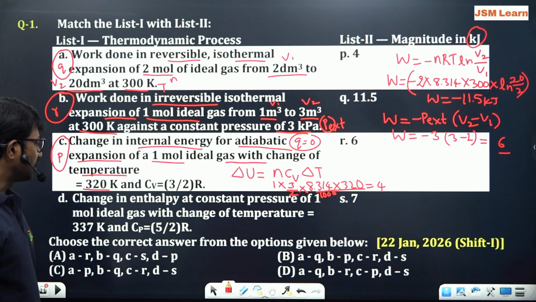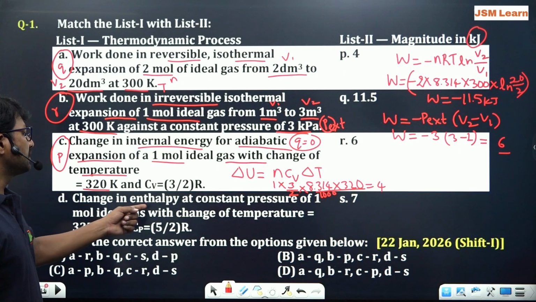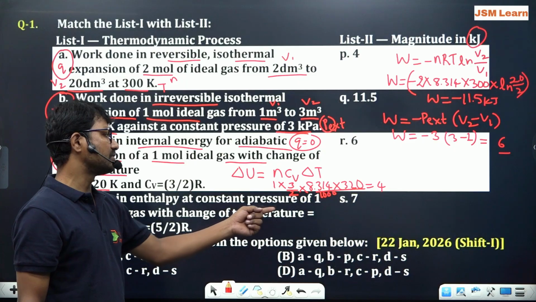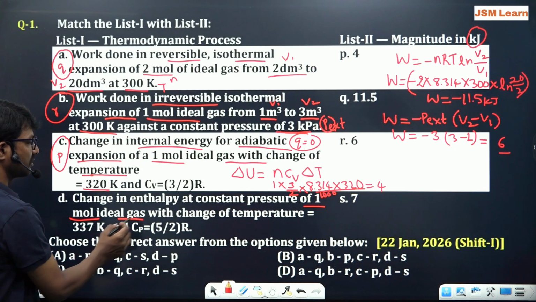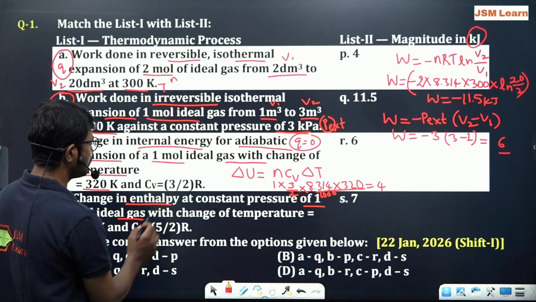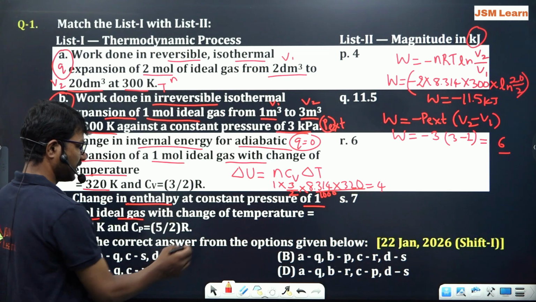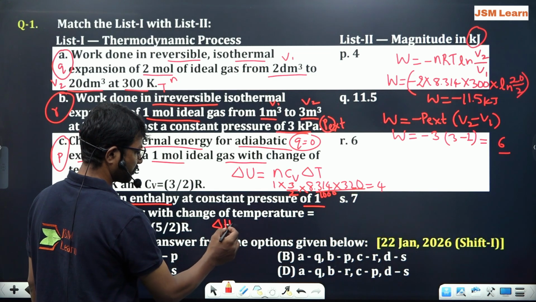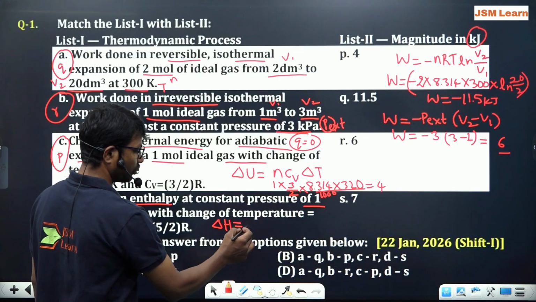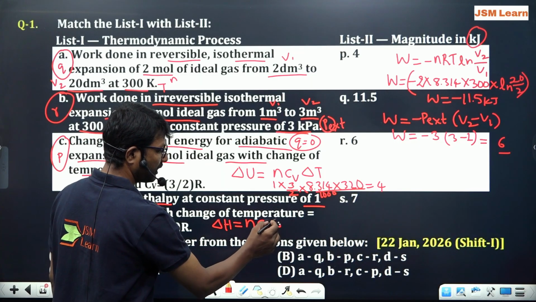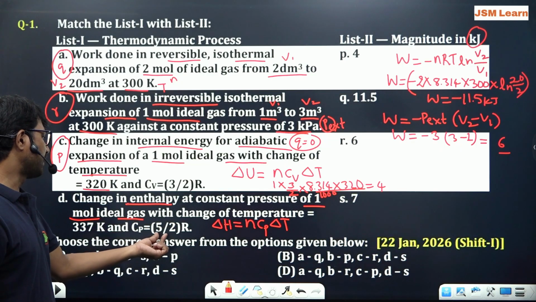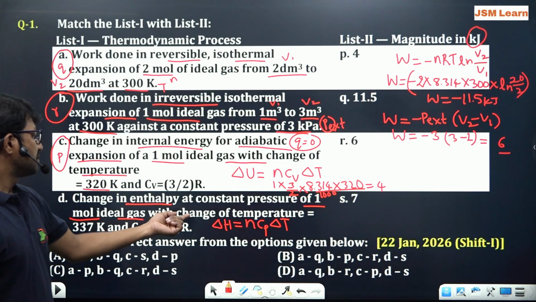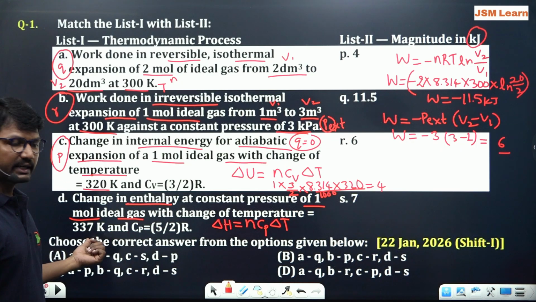Now the next one, the final one: change in enthalpy at a constant pressure of 1 mole of ideal gas. Again, they are saying change in enthalpy at constant pressure. As we know, at constant pressure, delta H can be expressed as delta H is equals to n Cp delta T. Here Cp value is 5 by 2 R, and change in temperature value is 337.